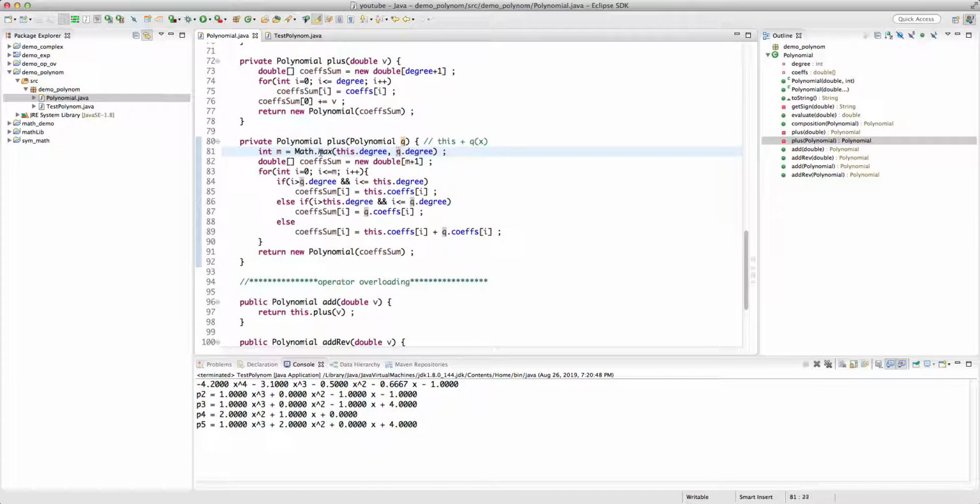Okay, so the key point in implementing the addition was that you have to set the degree of the result as the maximum of the two, and then create an array of the degree plus 1 for the result, because now we know what the degree of the result is. But then the problem is that the degree of one of the two polynomials may be less than the degree of the result.